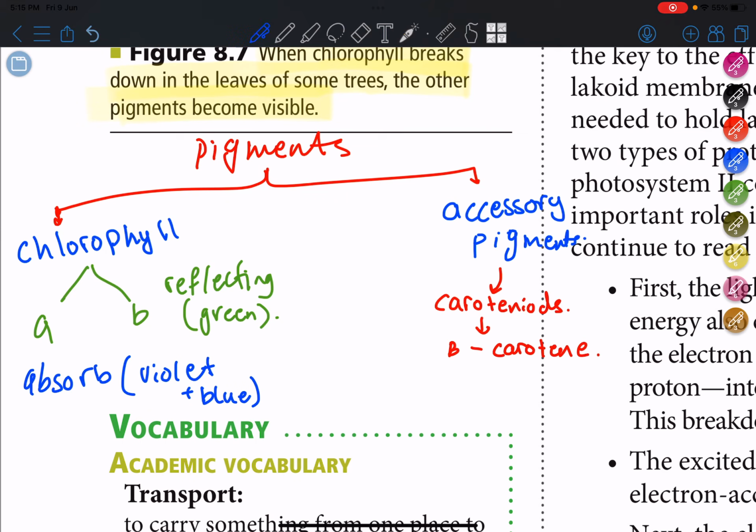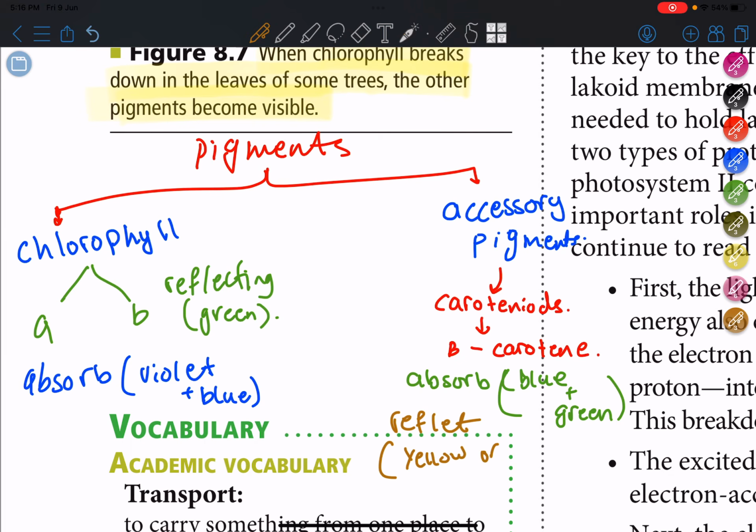And we said they mainly absorb in the blue-green region, so the blue and green region, and they reflect yellow, orange, and red.